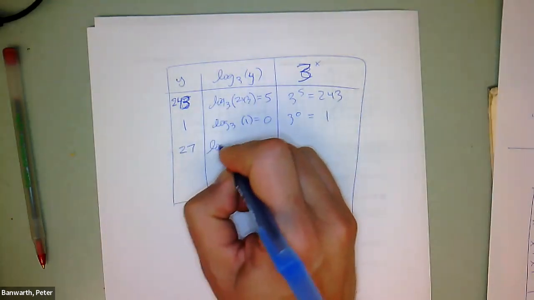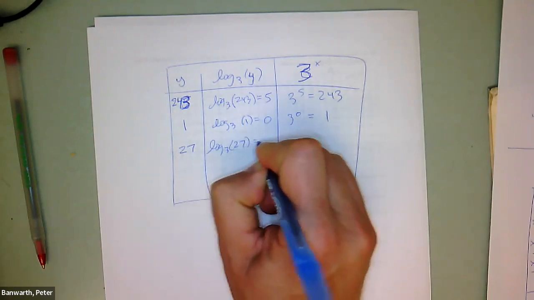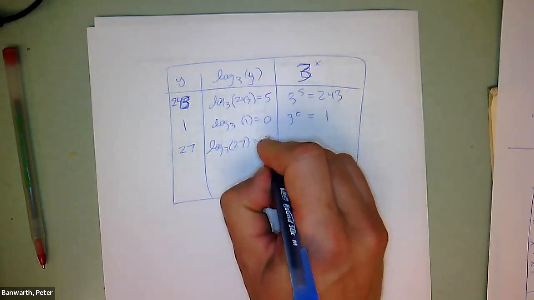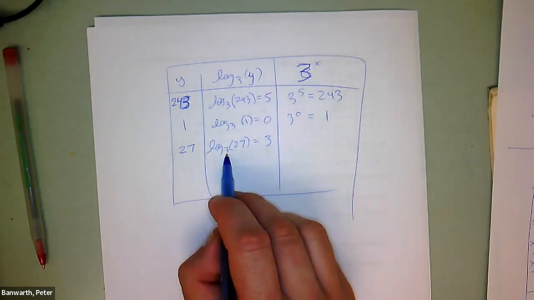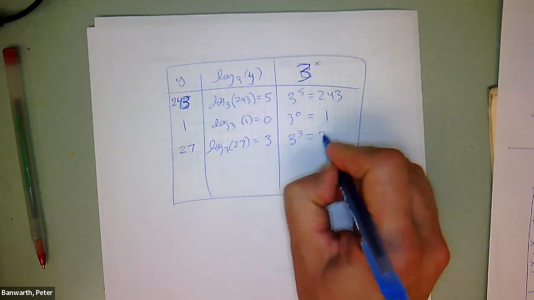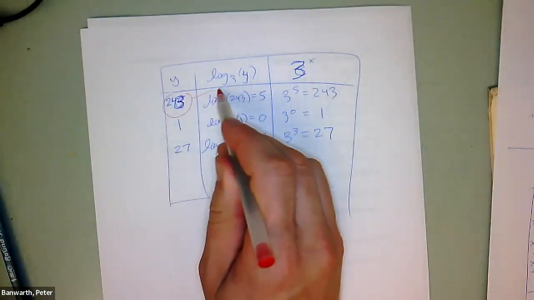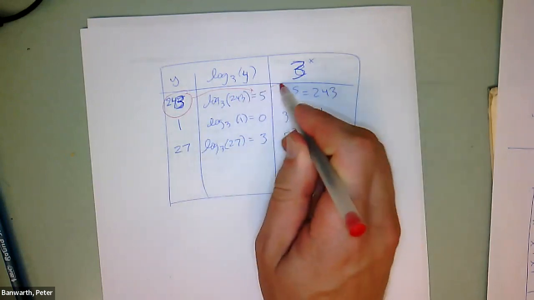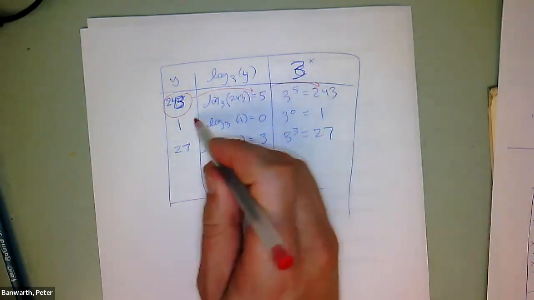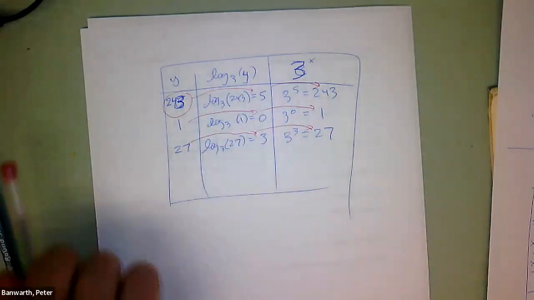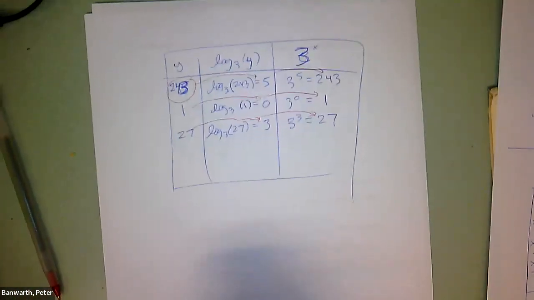If y is 27, log base 3 of 27 is the power that goes on 3 to get 27, that happens to be 3. 3 cubed is 27. We can see that we start here with the number, we run it through our log function, and then we run it through our exponential function, and we get back where we started. We can write this as a composition.